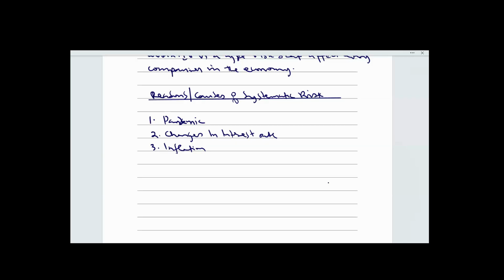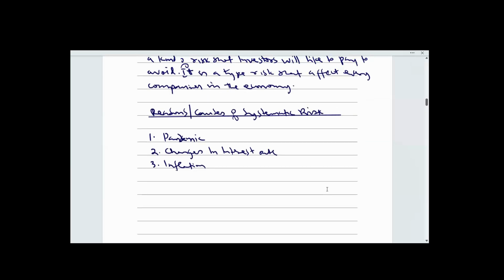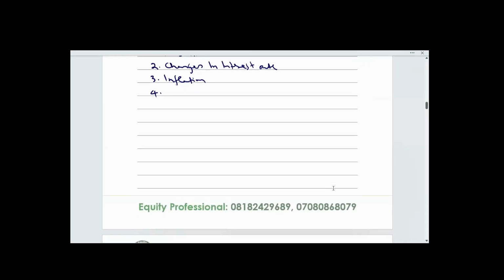Inflation will affect everything because once there's inflation, the retailers or sellers, everybody will incorporate that in the price of their goods, even the price of services, everything will go up. All right. Not only that, number four, another cause of systematic risk is economic meltdown.